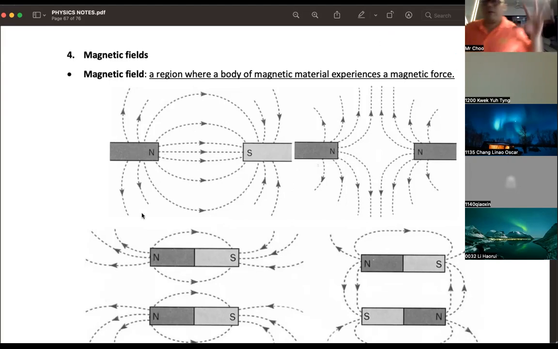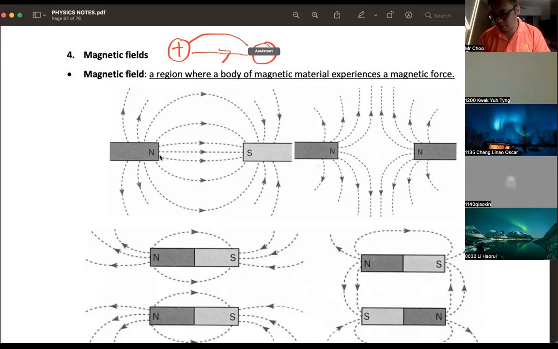Okay, so what we have learned here, the magnetic field itself is exactly like you have learned in electric field. Just remember last time, we have a plus and a minus. How does the electric field look like? You go this way, this way, this way. Do you remember this?